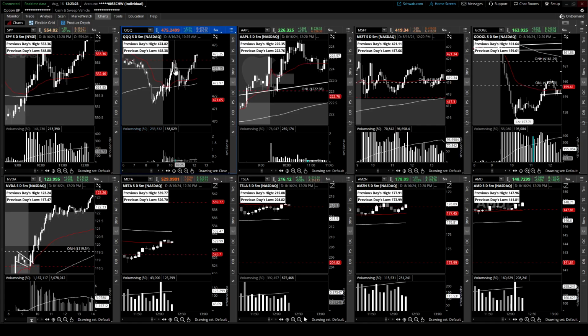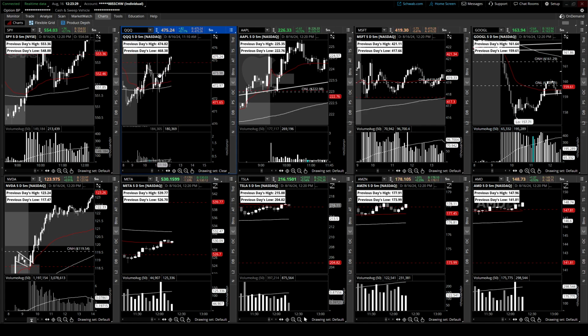Because a lot of the setups that I take are in correlation to the larger structure. So if the larger structure is telling me something, a lot of times I'm going to incorporate that into my day trades for where I'm expecting these larger levels to hold.